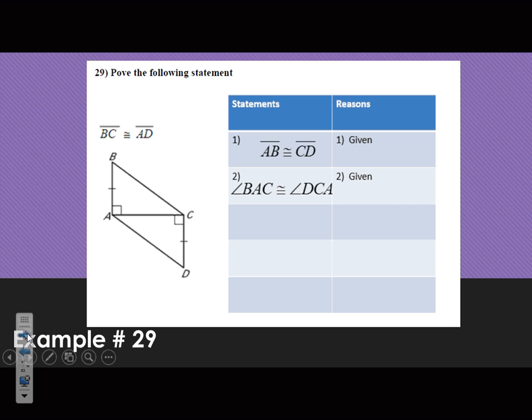I already filled in our givens for us. AB is congruent to CD. Angle BAC is congruent to DCA. So now we need to prove that these triangles are congruent first. If we recall, we can do this right here.